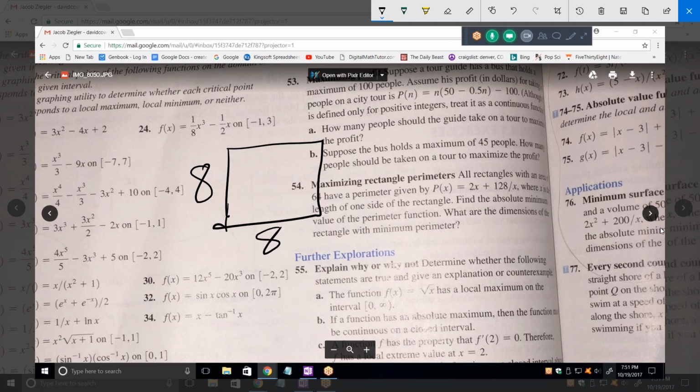And you will most always find that. In other words, if we had a perimeter and we were trying to maximize the area, we would always come up with a square. Or a circle.